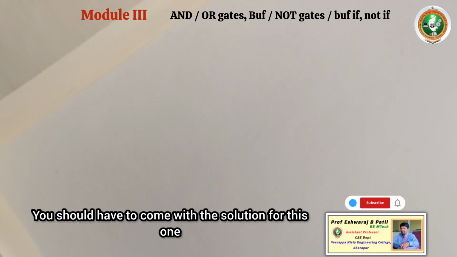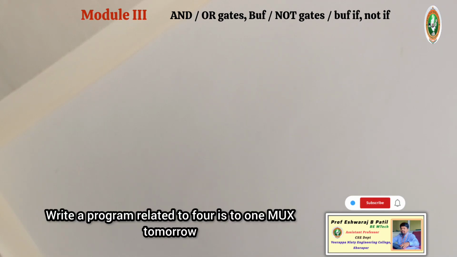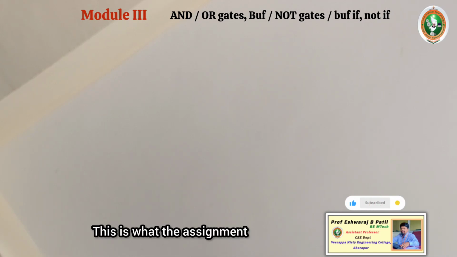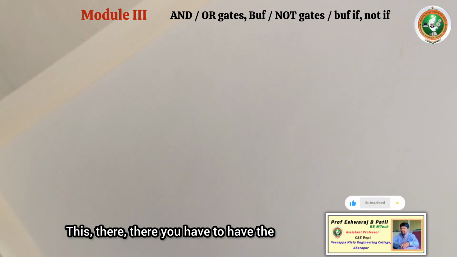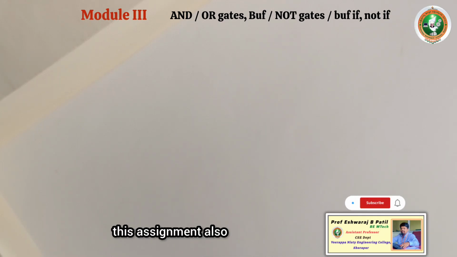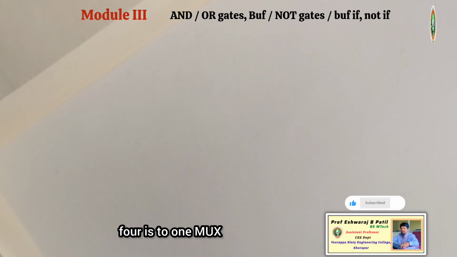You should come with the solution for this one. Write a program related to the 4:1 mux by tomorrow. This is the assignment. Tomorrow's first hour I will take it, and I will also explain this 4:1 mux.